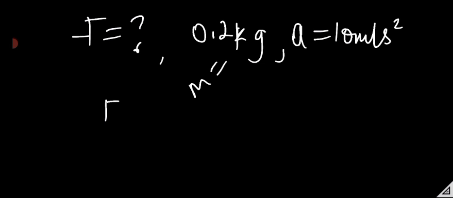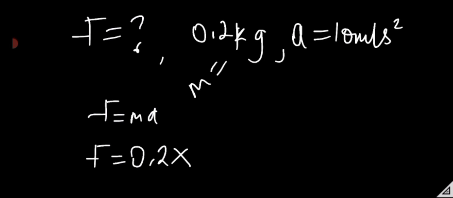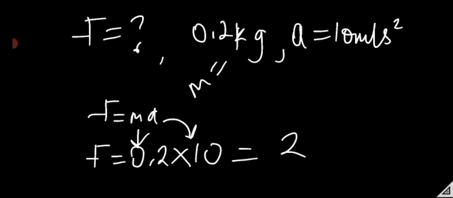That means m is equal to 0.2 kg. So when we bring out our formula, F will be equal to, what is m? 0.2. Then what is A? Our A will be 10, right? 0.2 times 10 will give us what? 2 Newton.